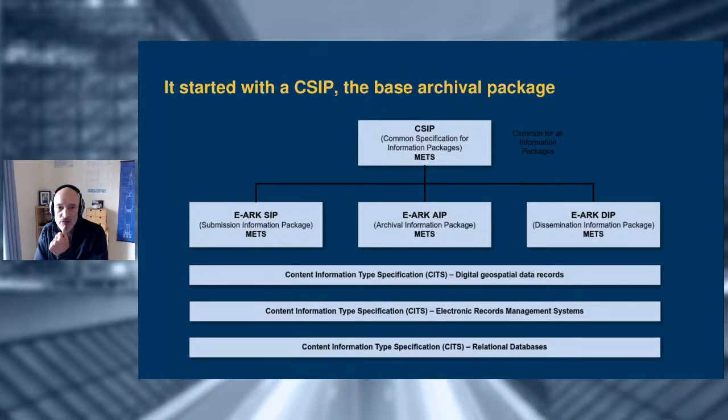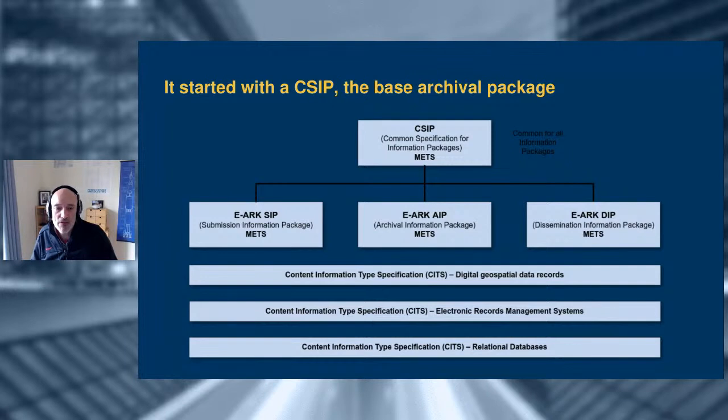This is the root of, at the moment, two of the specifications. I'll talk about the AIP one separately, because at the moment that doesn't have a compatible specification or a validator. But the CSIP is the foundation for the different archival package standards: the SIP and the DIP, and the next version of the AIP specification is also compatible with the CSIP.